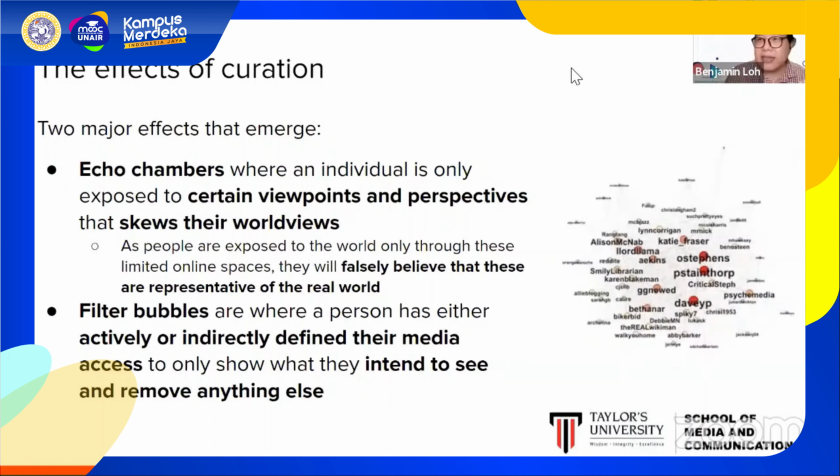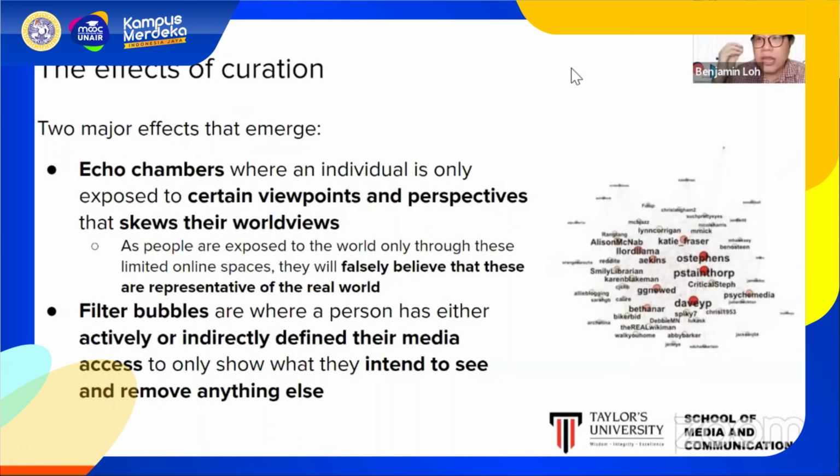But by doing that, it gives the impression that everybody loves the government. Everybody out there is pro-government because I've searched on my social media and all I see is pro-government stuff. I'm not seeing any anti-government content, which means nobody hates or disagrees with the government. As a result, their entire worldview has been skewed.